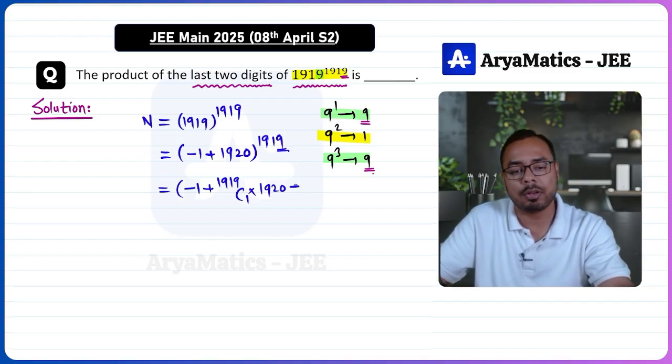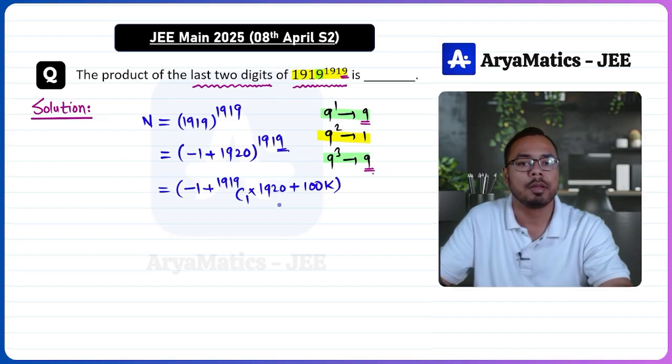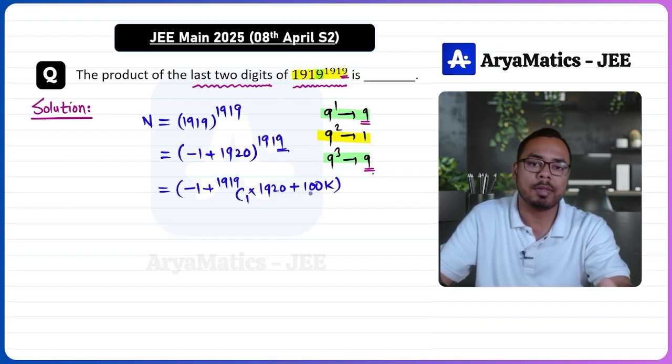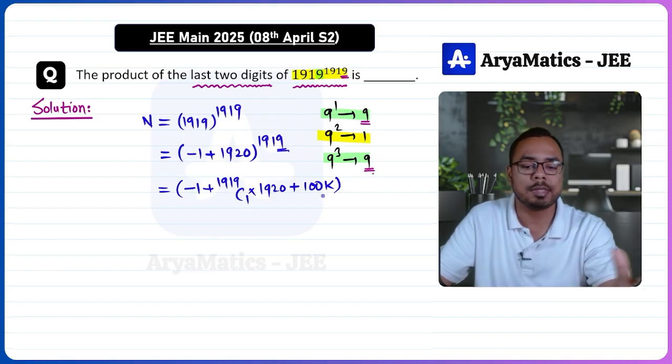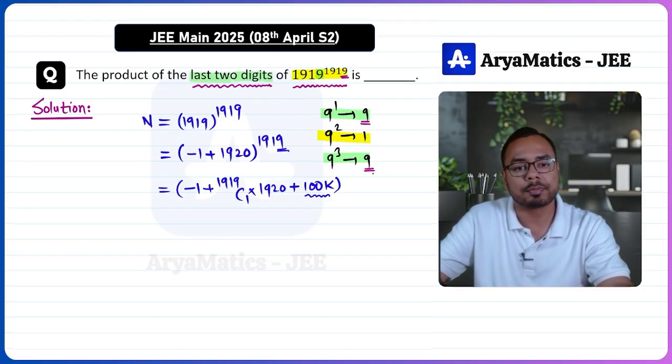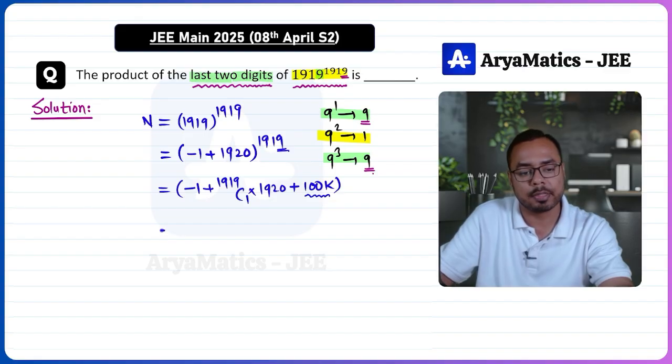So you can combine all of those numbers and you can say that all the terms after this second term are multiples of 100. Now, if the number is a multiple of 100, then it will not contribute to the digit at unit place or the 10th place, right? So therefore we can combine all of those numbers and say that it is some multiple of 100, because we are interested in only the last two digits. So we can write the rest of the numbers in this form.